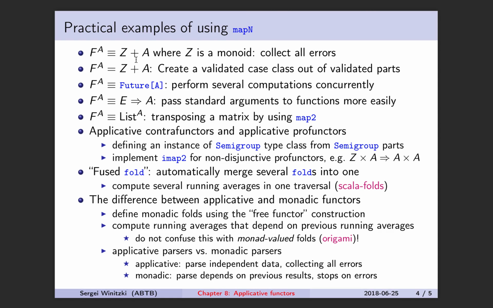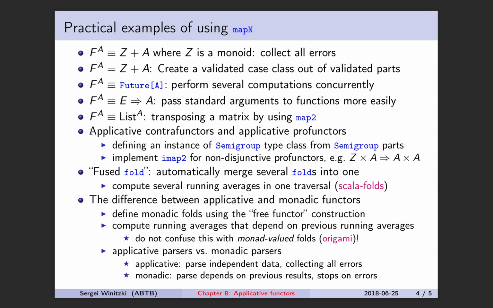And I show practical examples of various functors that have this definition, emphasizing that they're different in some cases from monads. So, for example, this one would collect all errors, but it's a different implementation than it would follow from a monad.